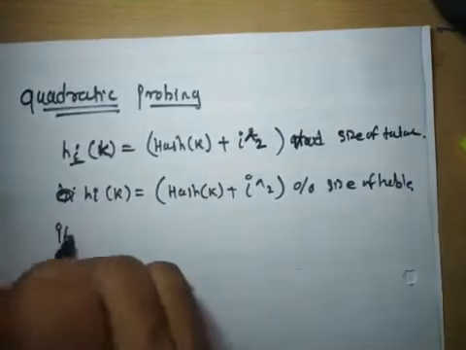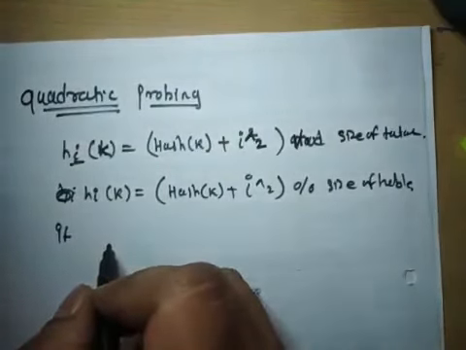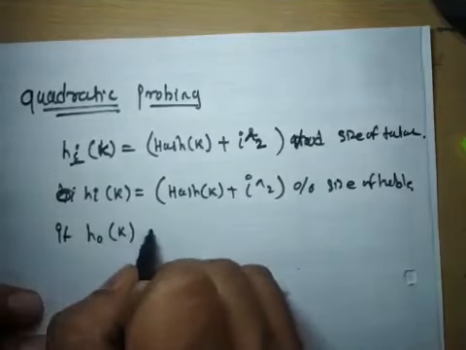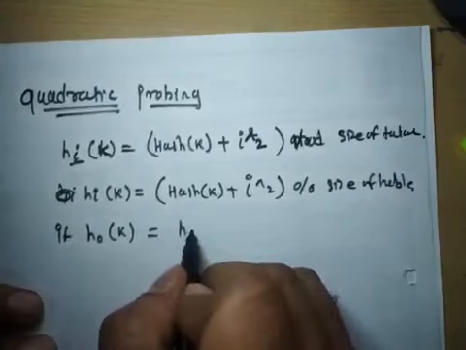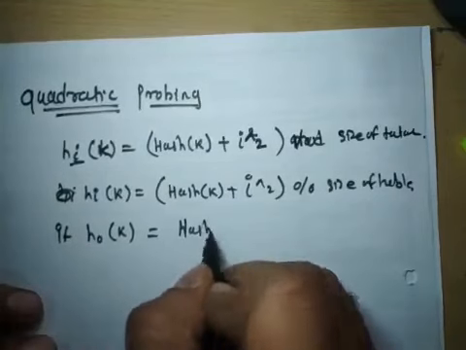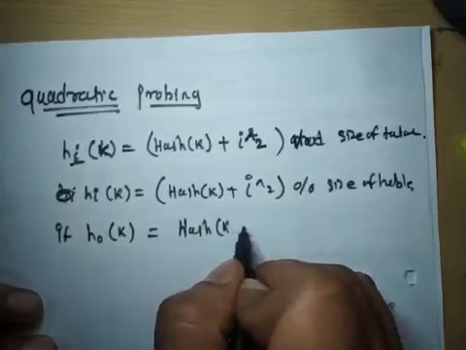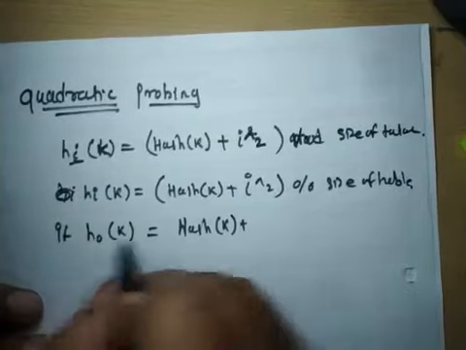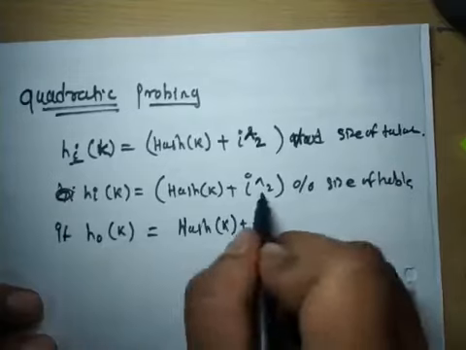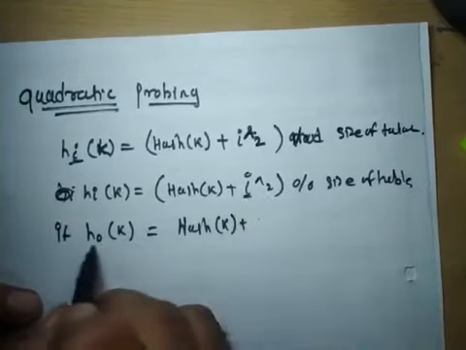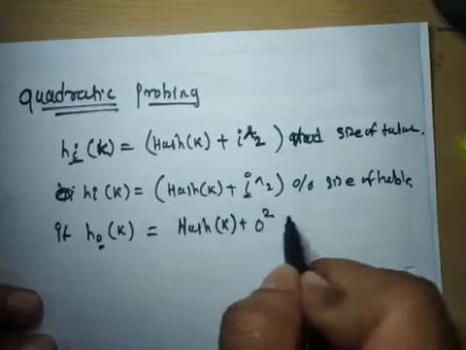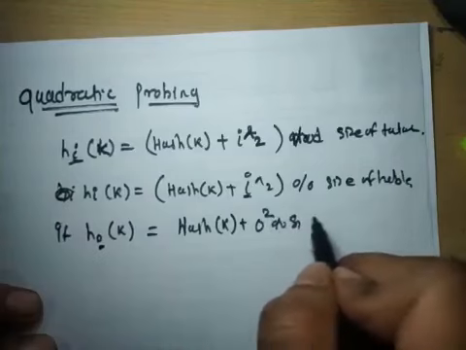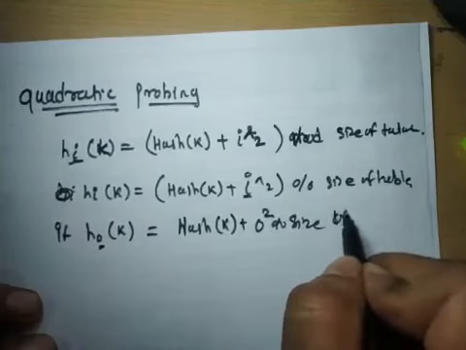If h of 0 for value k is equal to hash for the key k plus i square, what is the i's value here? 0. So 0 square, that is 0, and modulus of size of table.